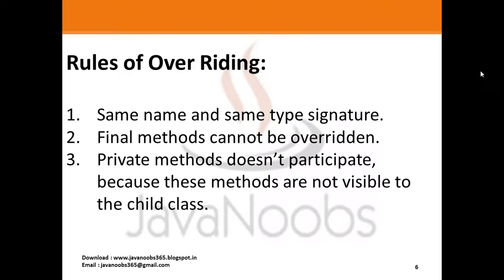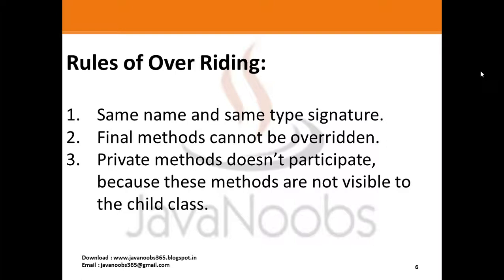Now, rules of overriding. There are three simple rules to override any method. The first rule is methods should have the same name and same type signature. Only then can you achieve overriding. Second, final methods cannot be overridden no matter what. If the method is final, you can't override that method.